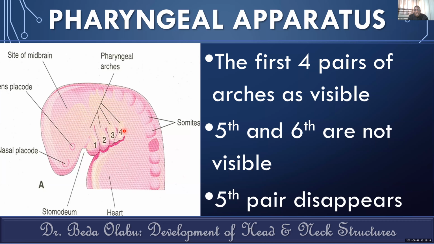But in terms of how we name them, we will call them the first arch, the second arch, the third arch, the fourth arch, and the 6th arch. We don't talk of the 5th arch, even though there are 5. Reason being that the 5th pharyngeal arch disappears in humans.